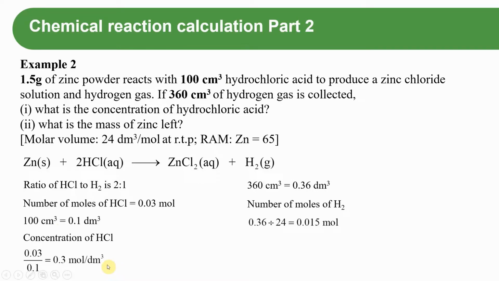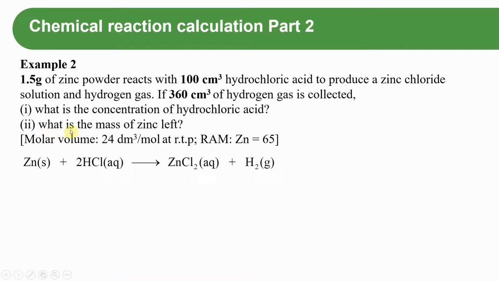For part 2, we are asked about the mass of zinc left. That means zinc is actually in excess because there's still some zinc left after the reaction. So 1.5 gram is in excess. We want to find the amount of zinc that has reacted.